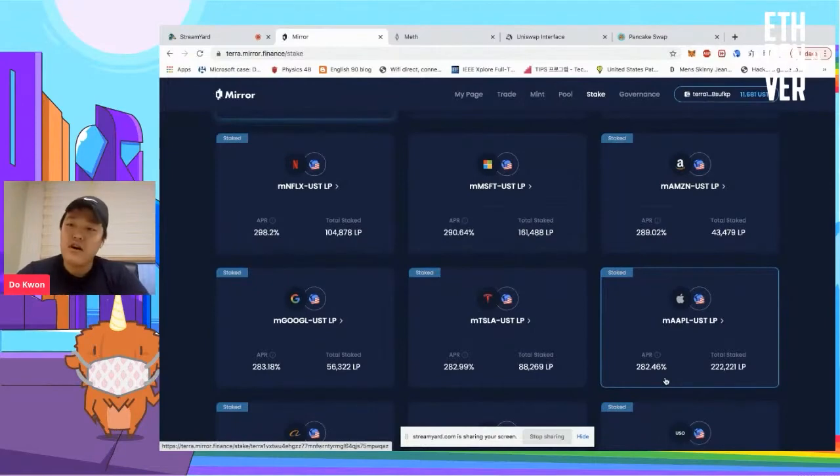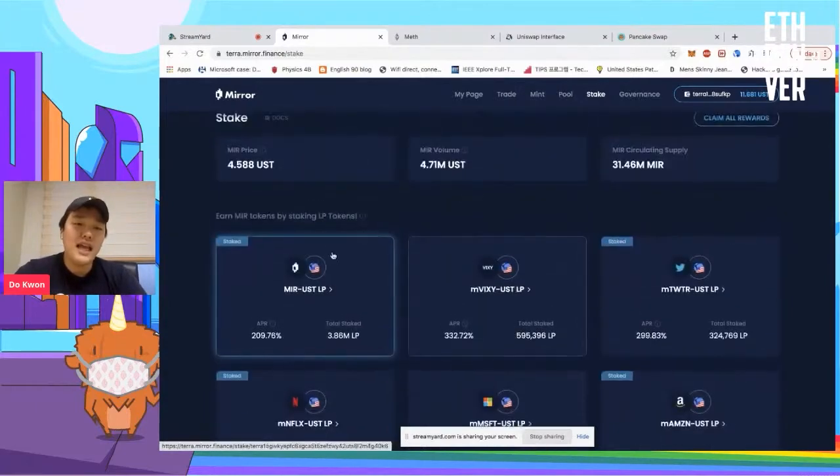And if you compound these daily, so let's say that you earn APR in the form of the native governance token, which is called MIR, and then you sell half of it and keep the other half, and then you put it into the MIR token pool itself, you can earn a really high APY. I would say somewhere hovering around the realm of 2,000%.